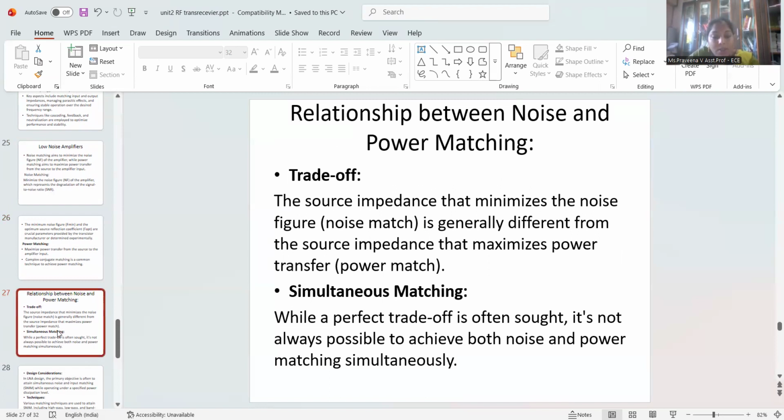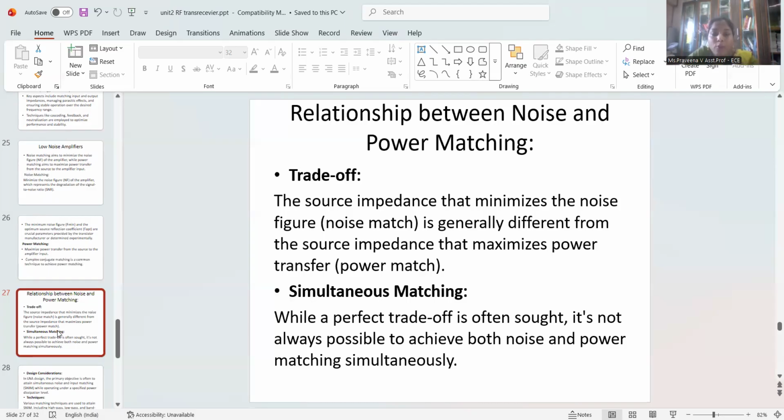Let us see the relationship between noise matching and power matching, that is, the trade-off. In a low noise amplifier, the source impedance that gives the minimum noise figure is usually different from the source impedance that provides maximum power transfer.